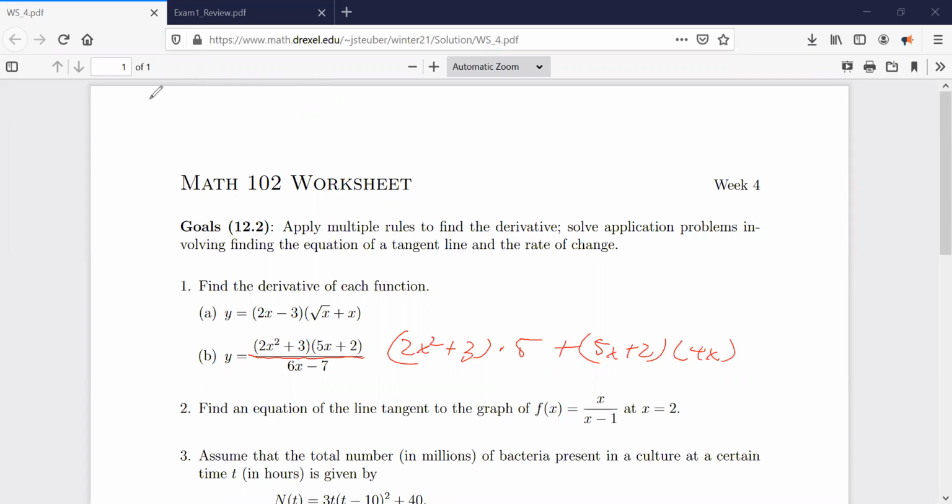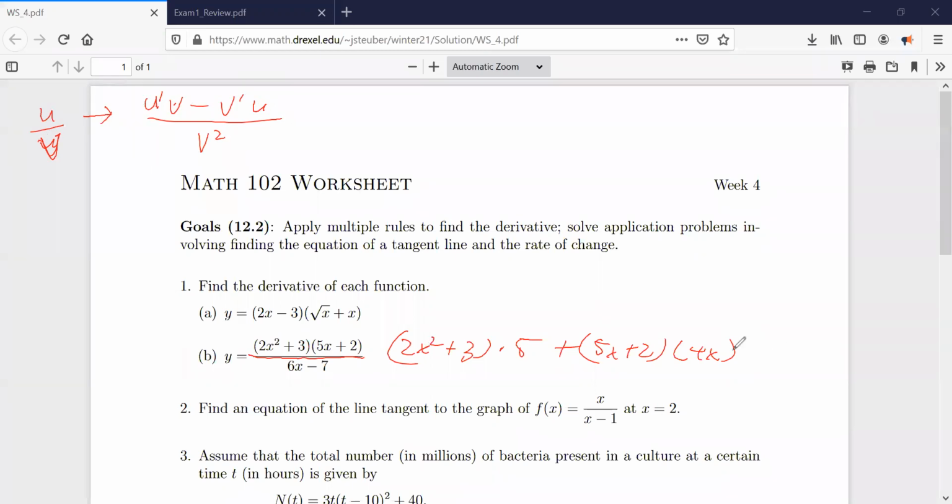It's u prime v minus v prime u over v squared. And that is the derivative of u divided by v, right? So sometimes this is said high d low minus low d high, all over low squared.